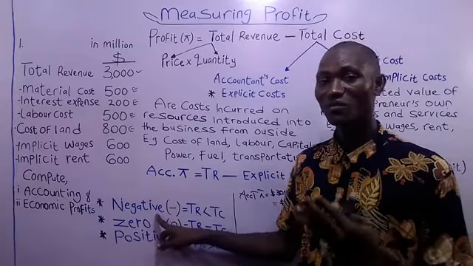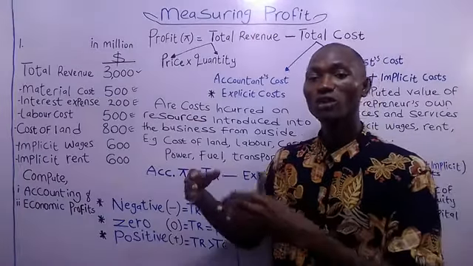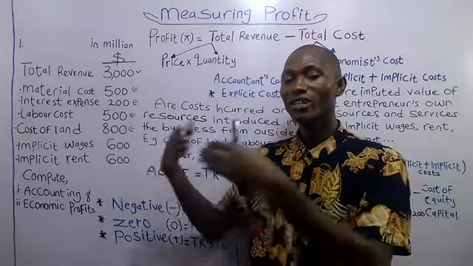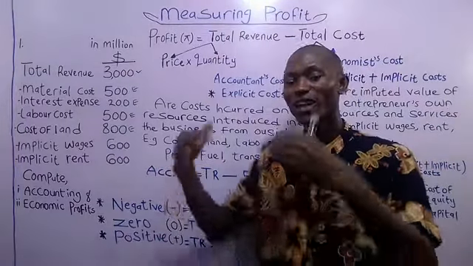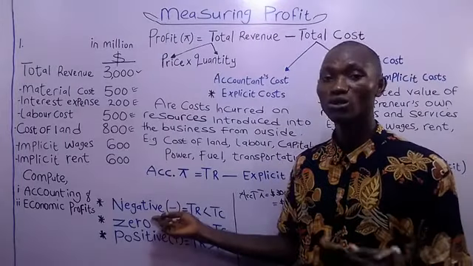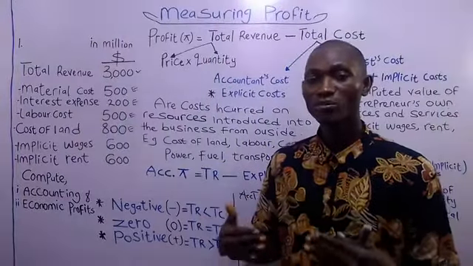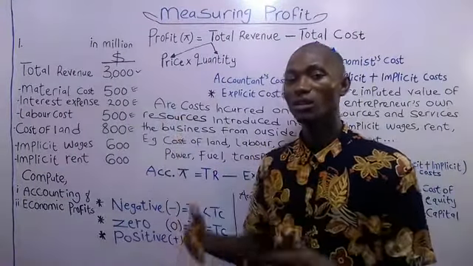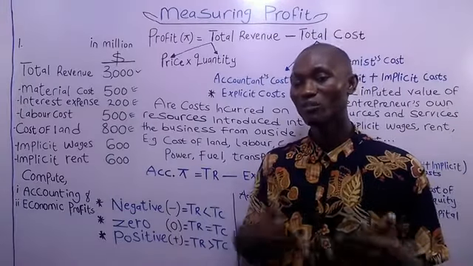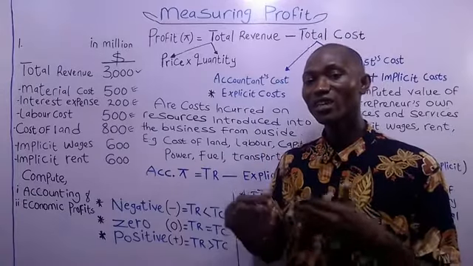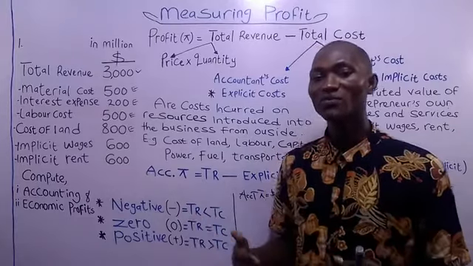Resources, time, money, funds, everything should be taken away from the sector creating negative economic profit to a sector or marketplace creating positive economic profits. What this means in its actual sense is that the business is making a supernormal loss. That means it's operating below the average variable cost.